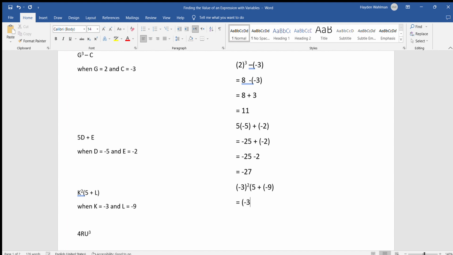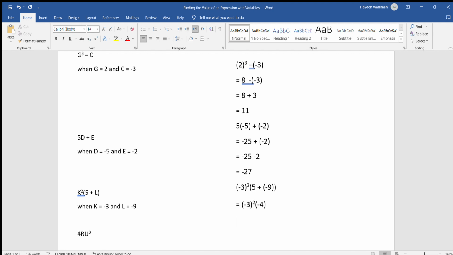So negative 3 to the power of 2 times, well, let's do the brackets. What's inside the brackets? Oops, I forgot one here. It's 5 plus negative 9. So the plus and the negative are next to each other, so that's the same as 5 minus 9, right? Which is the same as negative 4, because 5 minus 9 is negative 4.